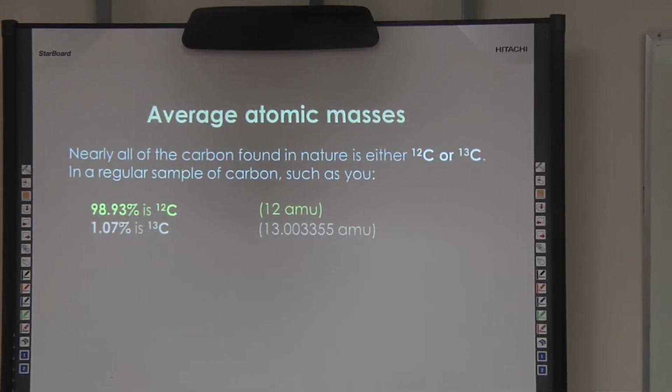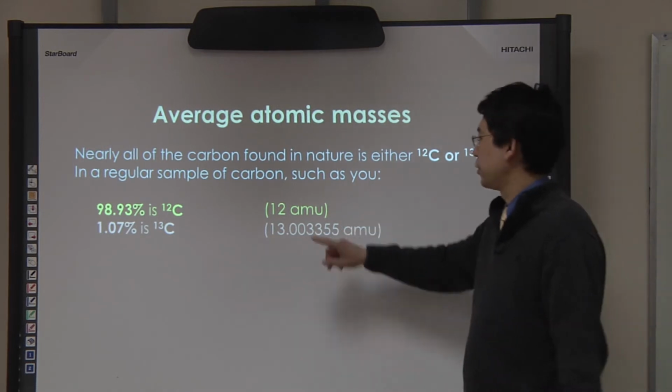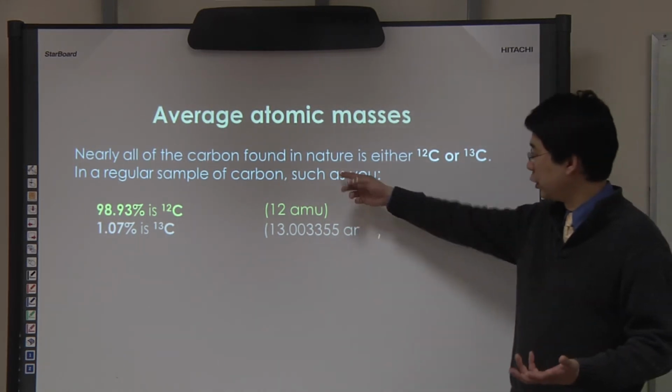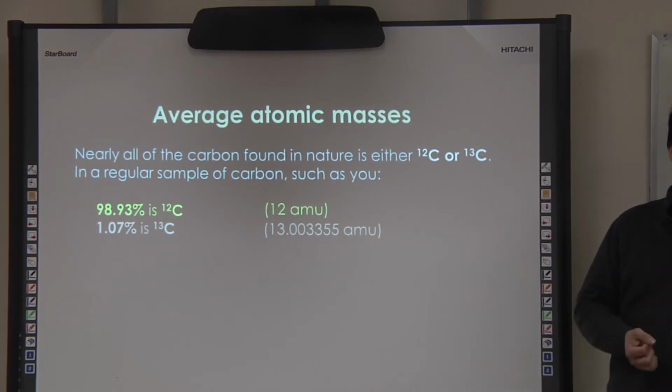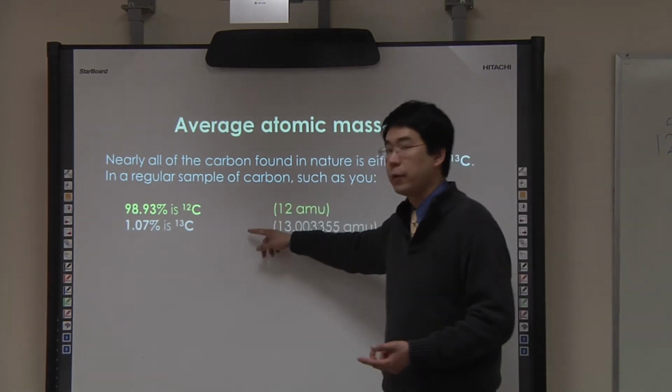Why do we need an average? Why can't we just say, okay, the carbon-12 is 12 and the carbon-13 is 13.003355? That's because in most cases, it's very difficult or almost impossible to separate the carbon-12 and the carbon-13.